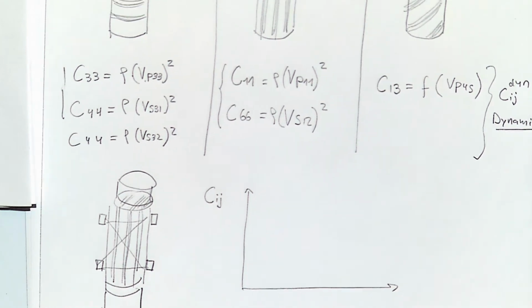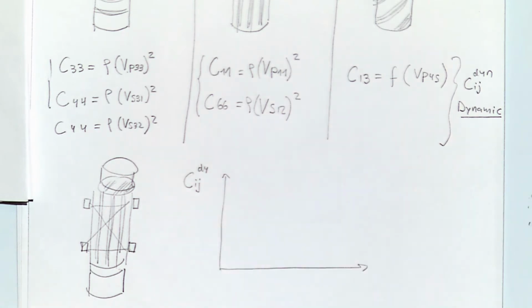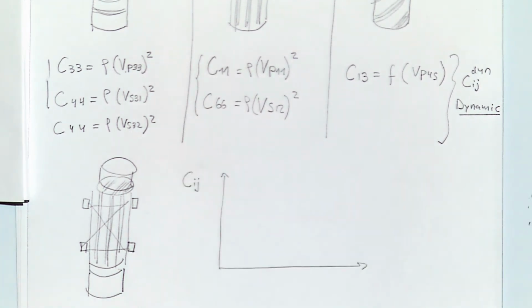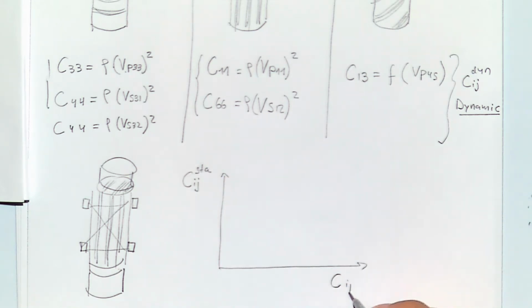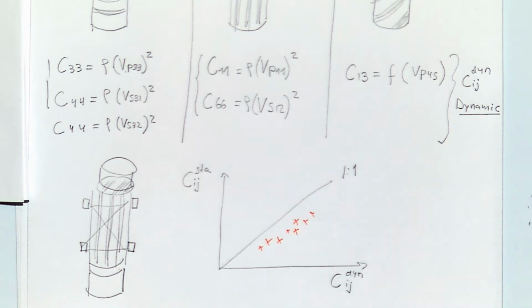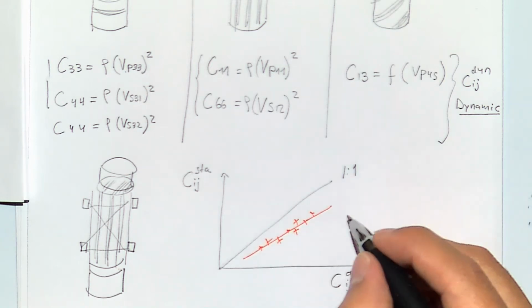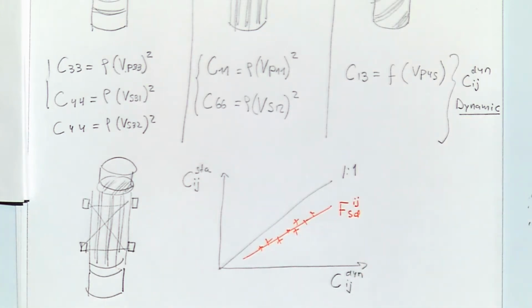After you measure the static CIJ, and after you measure the dynamic CIJ, be it C11, C33, C13, anything, it is the same idea as what we had before: to plot these values and obtain a correlation for each value CIJ.